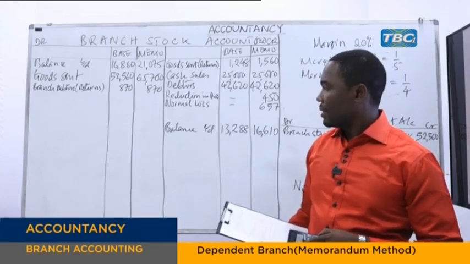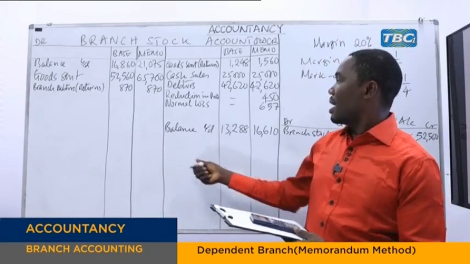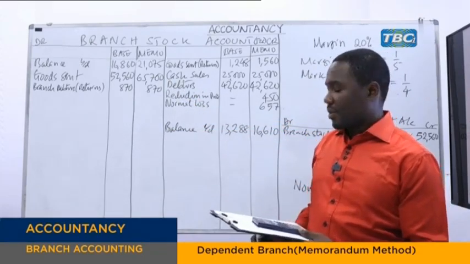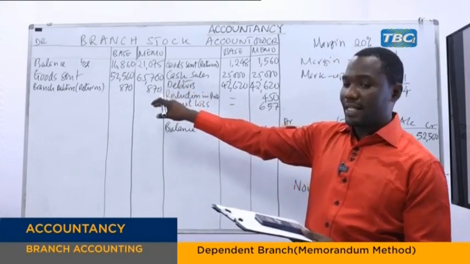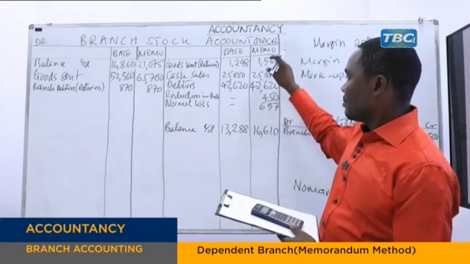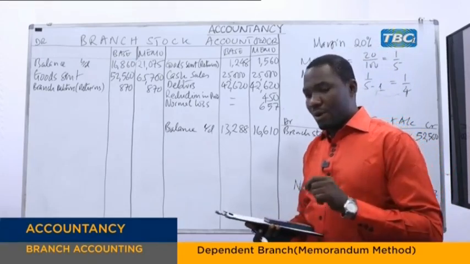But we need first of all to start balancing our account using the memo column. So any difference, because these items are shown at selling price, if there is any difference, it constitutes abnormal loss.